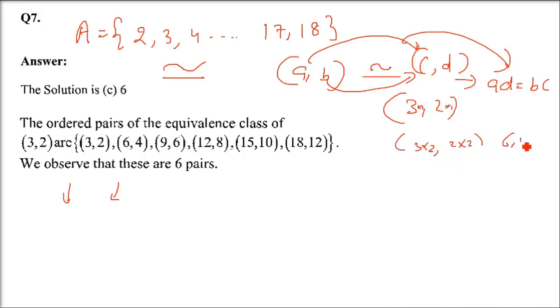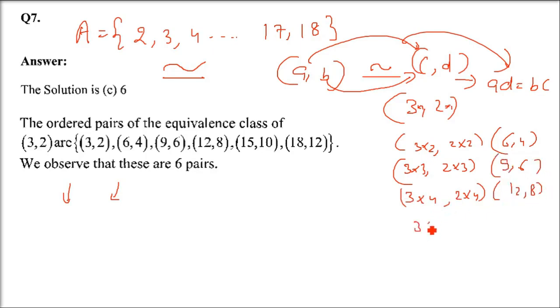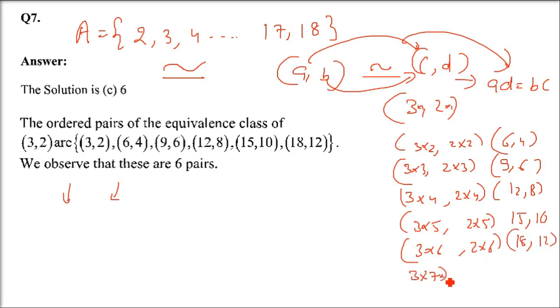3 into 2, 2 into 2. So what do you get? (6, 4). 3 into 3, 2 into 3 gives (9, 6). 3 into 4, 2 into 4 gives (12, 8). 3 into 5, 2 into 5 gives (15, 10). 3 into 6, 2 into 6 gives (18, 12). 3 into 7, 2 into 7 gives (21, 14).